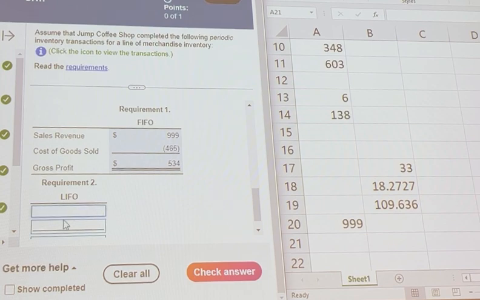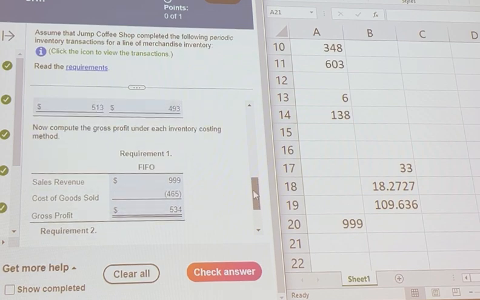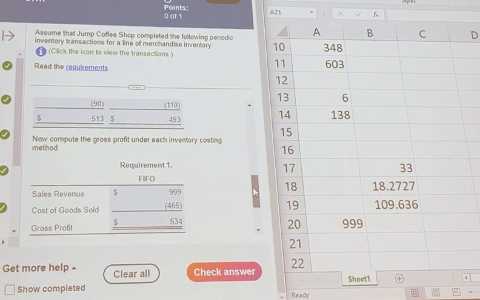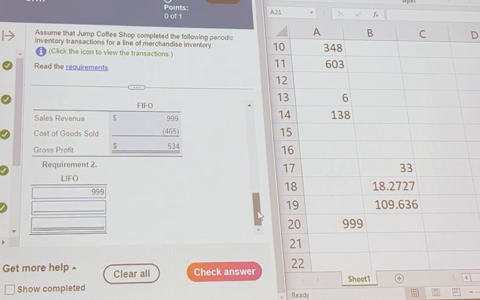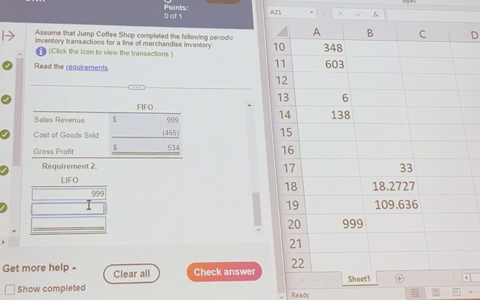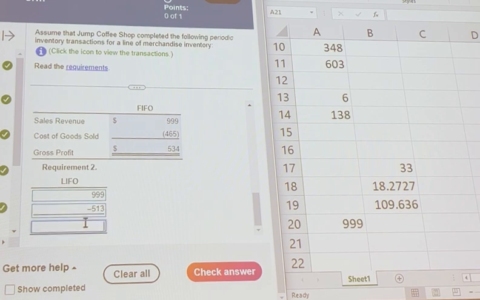And doing this for LIFO, same sales revenue, $999. Up above, we said our cost of goods sold was $513, which we'll enter as a negative number. So our gross profit is $486.